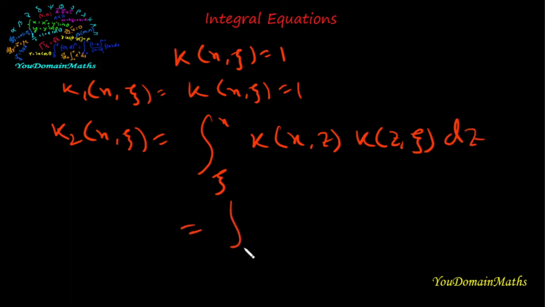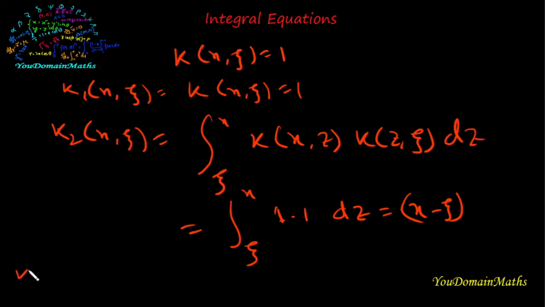So the integral from xi to x, kernel K(x, z) that means 1, and K(z, xi) that is 1, dz, and this is x minus xi. So easy.